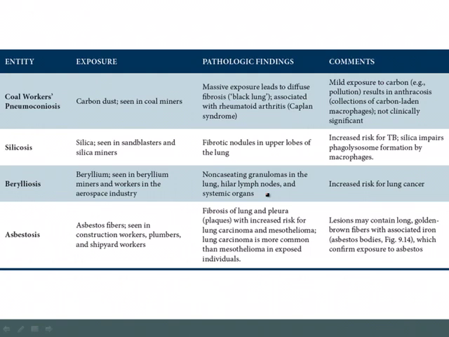Now let me remind you that all of us are exposed to carbon just by breathing in the pollution from the air if you happen to be in a big city. And mild exposure of carbon occurs constantly, especially because of that pollution. If it's mild, it doesn't really do anything. It sort of builds up in the macrophages, and so when you have buildup of carbon within the macrophages, that's called anthracosis, and examiners like you to know that.